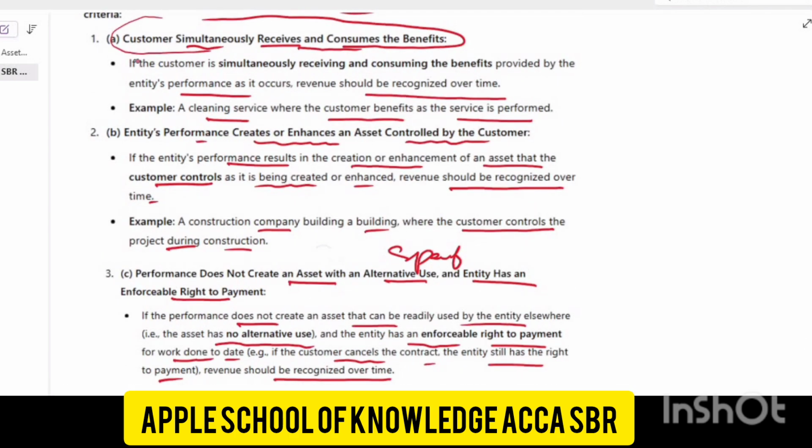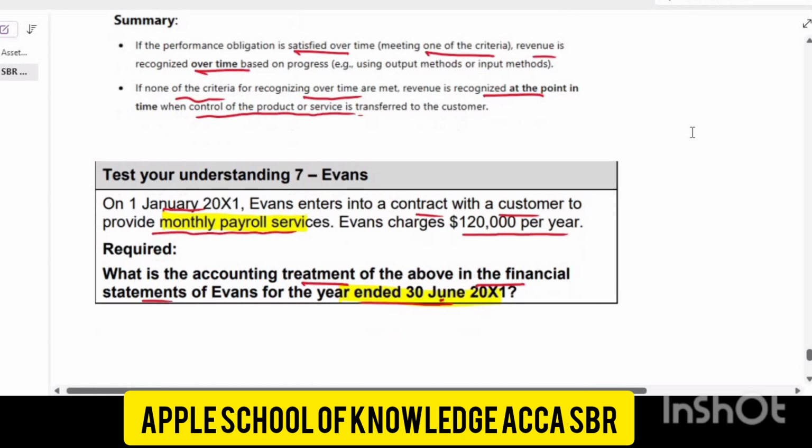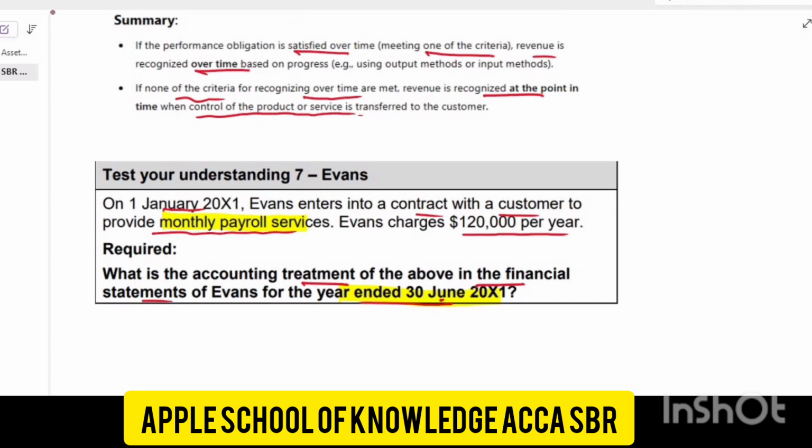Then you have to recognize the revenue over time. So the payroll service is a single performance obligation that is satisfied continuously, meaning simultaneously for a period of time, so that is why you have to recognize the revenue over time, in simple words. Clear?